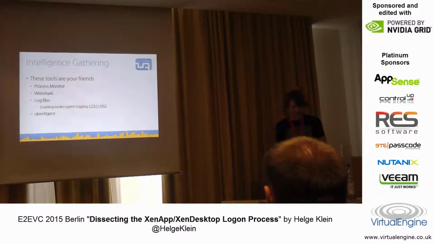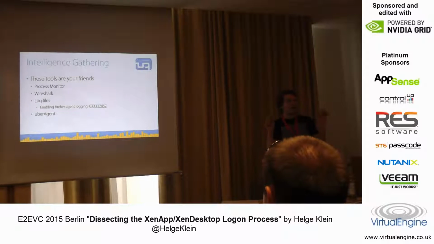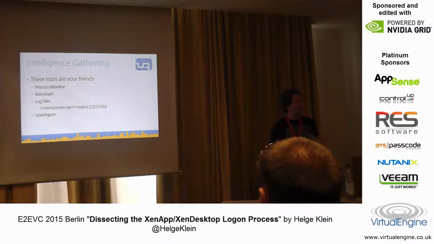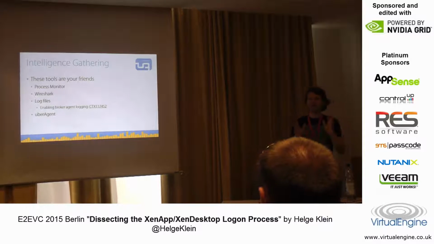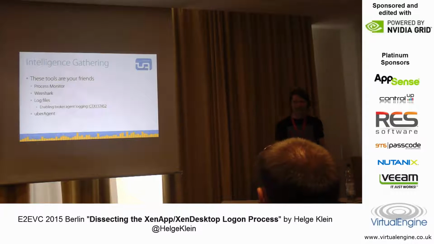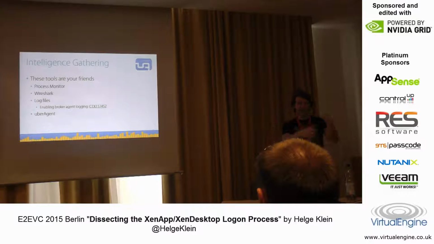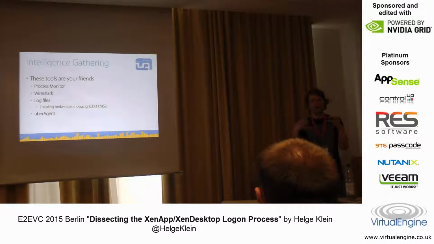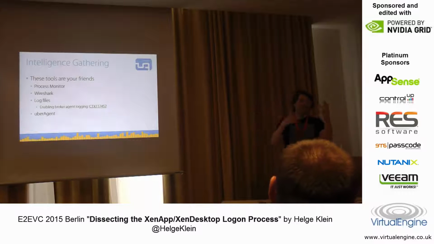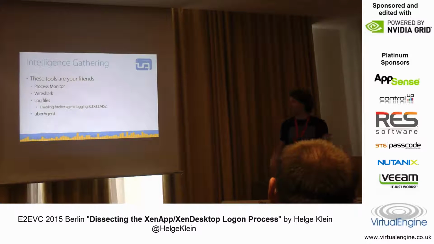Now, what we're going to do in the next half hour or so, we're going to look at one single logon in great detail, possibly too much detail, but you'll be the judge of that. I recorded this one single logon with 4 different tools: Process Monitor to find out what the file and registry activity was, Wireshark to find out what was going on over the network.